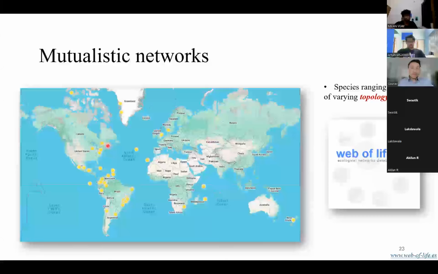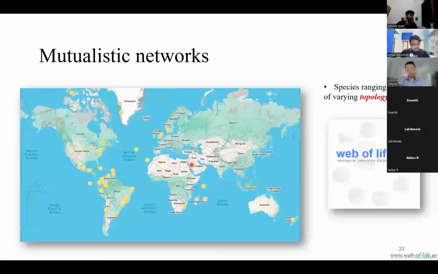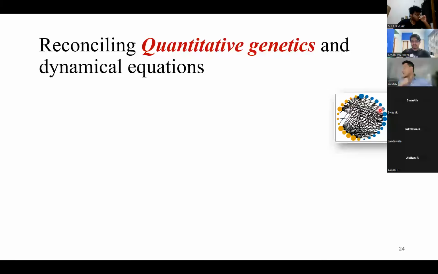These are the coordinates of where the networks have been collected, and there are multiple networks in multiple sites. These 101 networks are distributed globally. The number of species ranges from as low as 8 species to as high as 147 species, with varying topology.